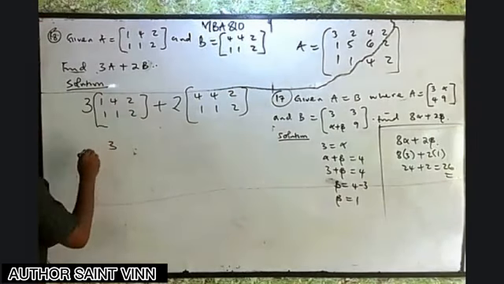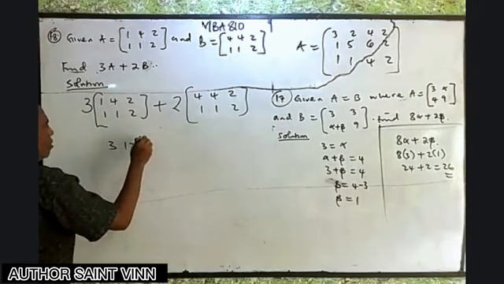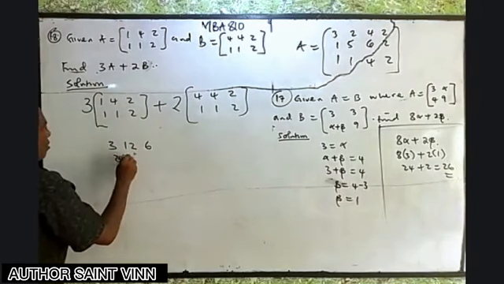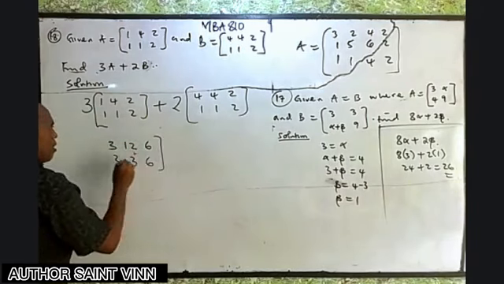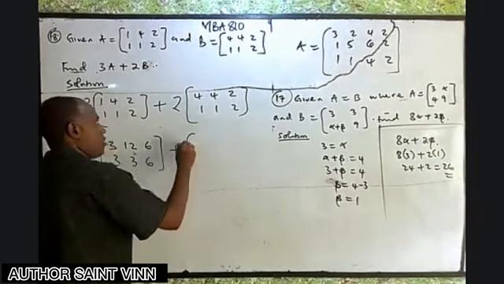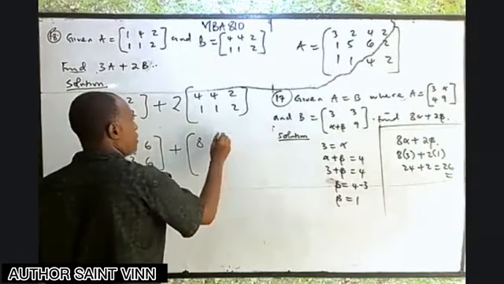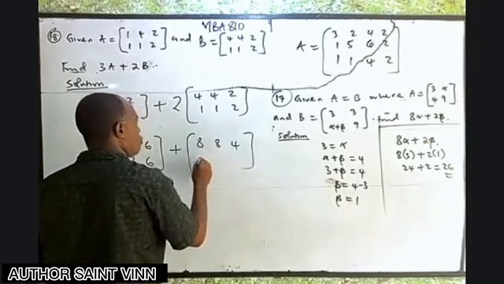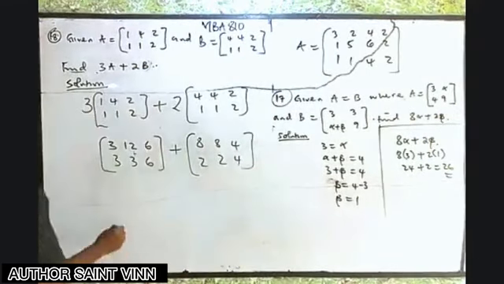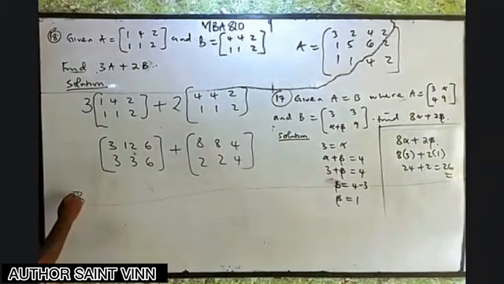That is 3, 12, 6, 3, 3, 6, plus 8, 8, 4, 2, 2, 4. Then we can now add it together.